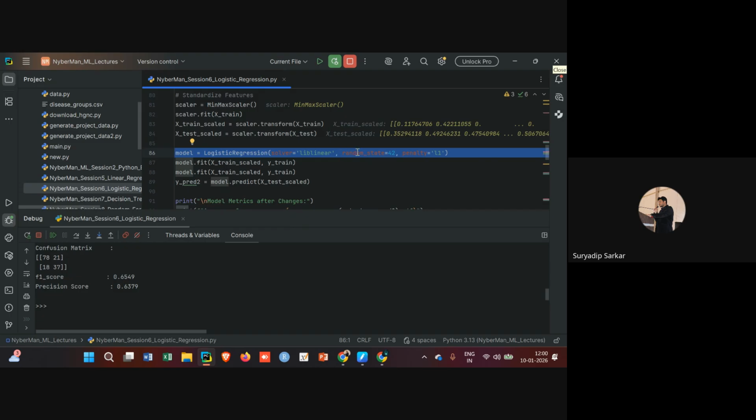This time I will also set a random state so that my results are reproducible. And I'm using another parameter called penalty. A penalty is nothing but giving a penalty to a feature if it is trying to outperform others. If a feature is dominating over others, you bring down the weight of that feature.